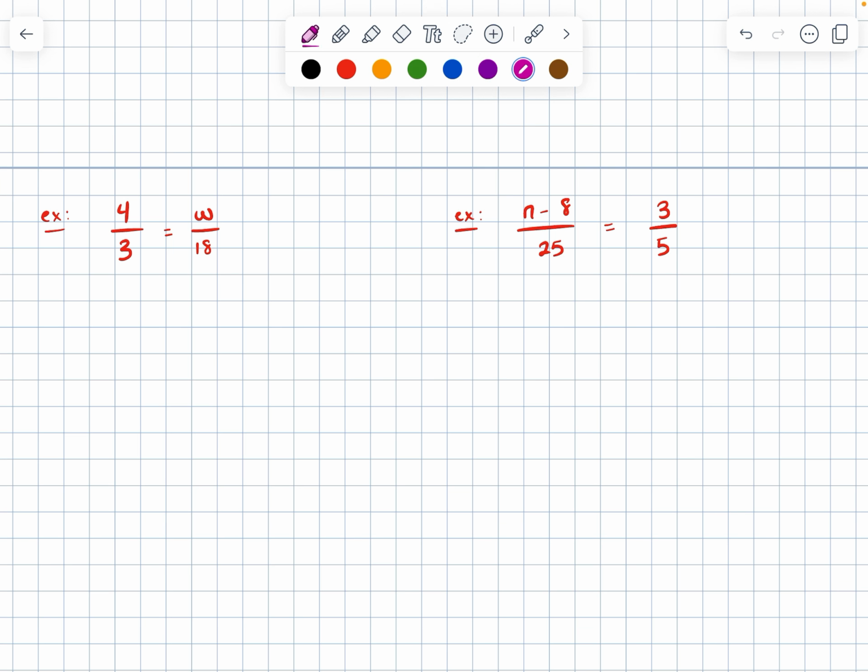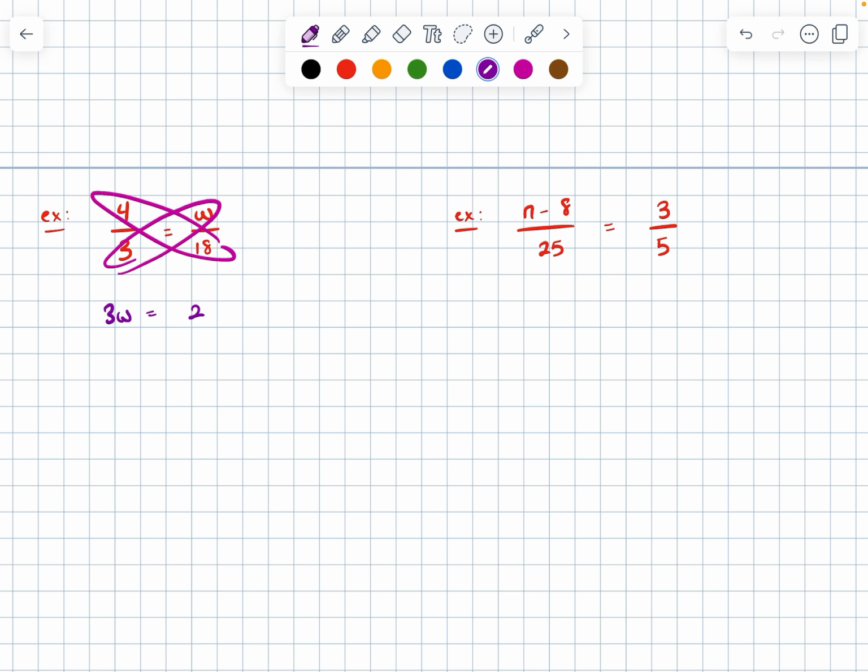Okay, so 4/3 equals w over 18. Again, my strategy when working with proportions is often to cross multiply. So here, if I multiply across, I've got 3 times w, and then 4 times 18.